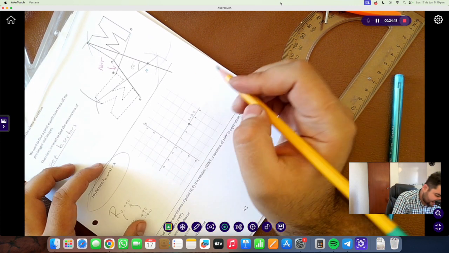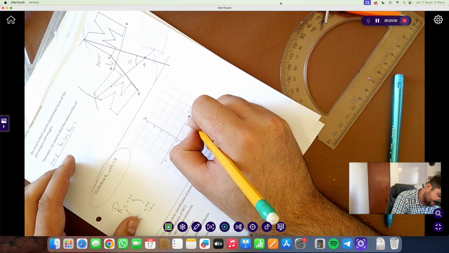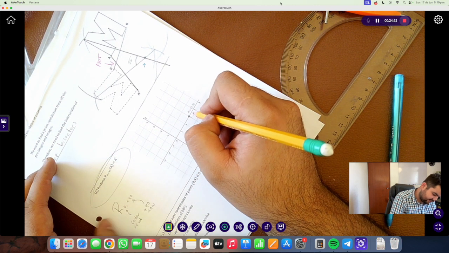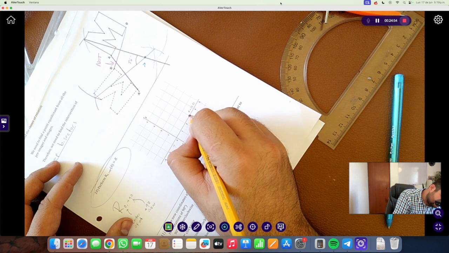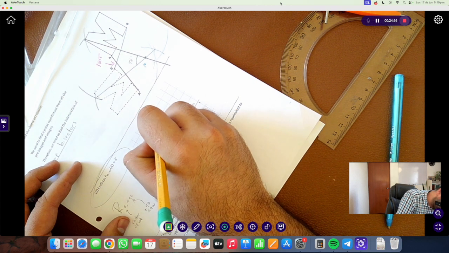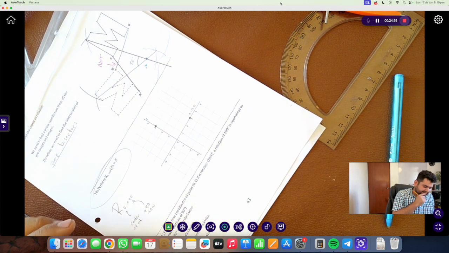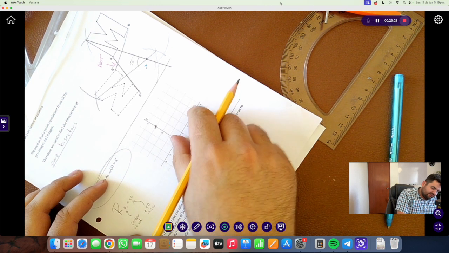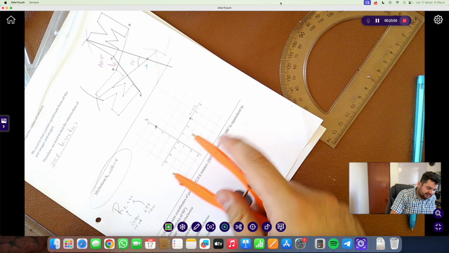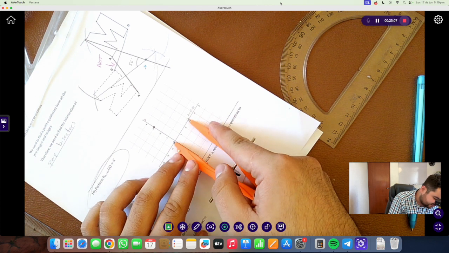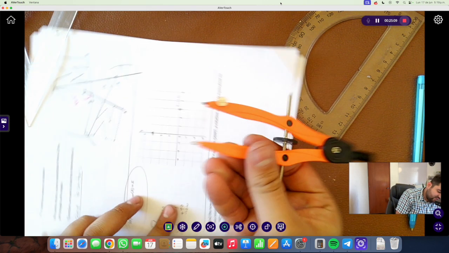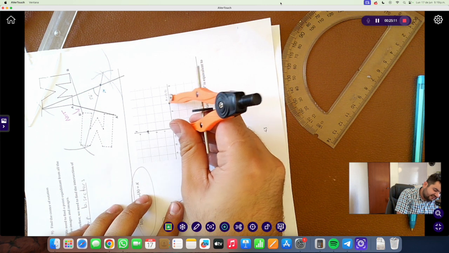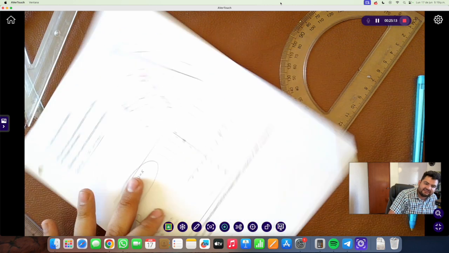Okay, so you go 90 degrees, so you will rotate this one and will end up here. There is a rotation of 90 degrees. You keep the same distance from the center. No, you don't need a compass. I am just showing you this distance, and now 90 degrees.